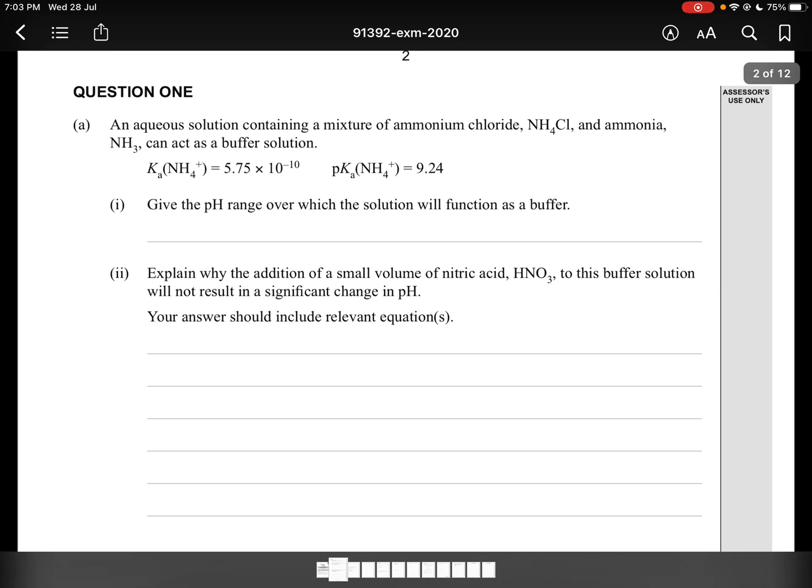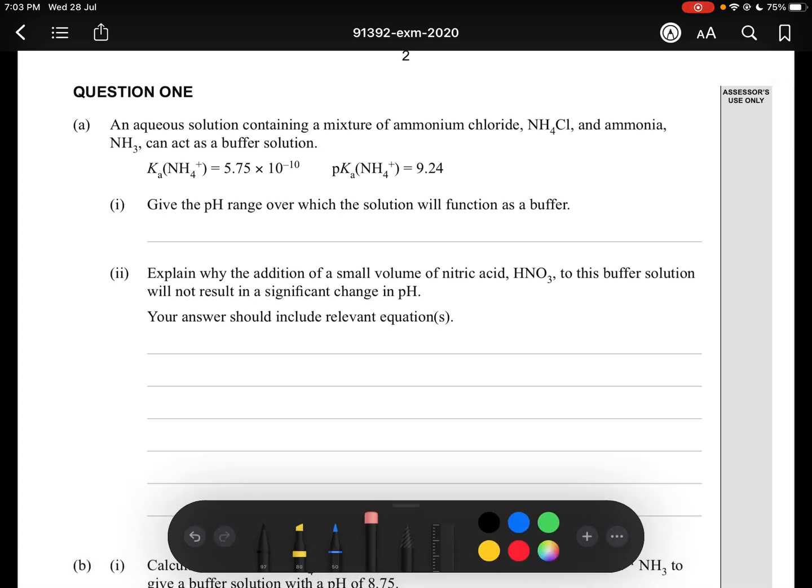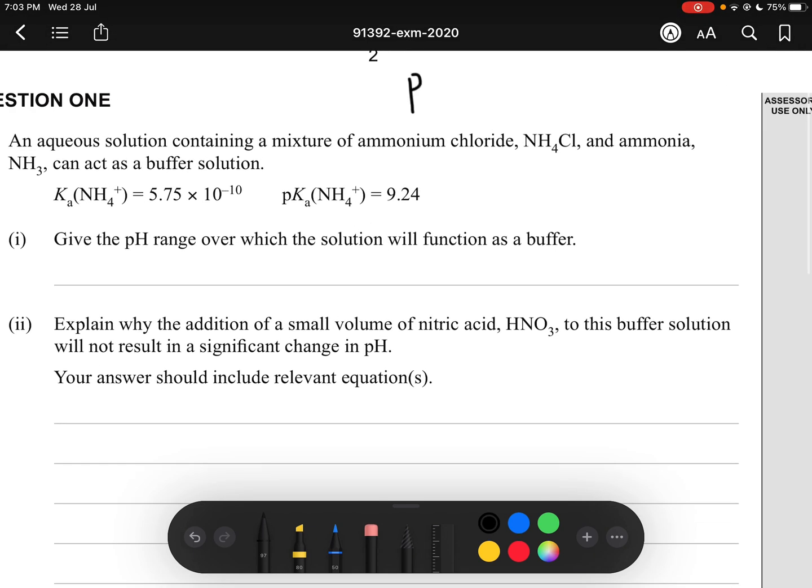The widely acceptable pH range for a buffer solution is within plus or minus 1 of the pKa. According to the Henderson-Hasselbalch equation, we have pKa equals pH plus log of the concentration of acid, I'll just call it HA, over the concentration of the base, which is A minus.